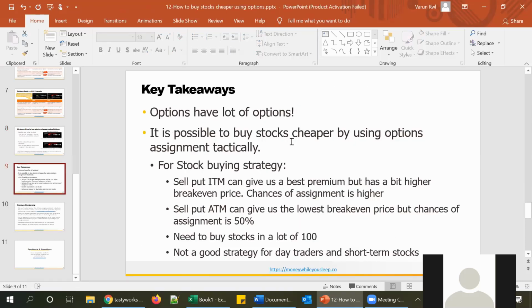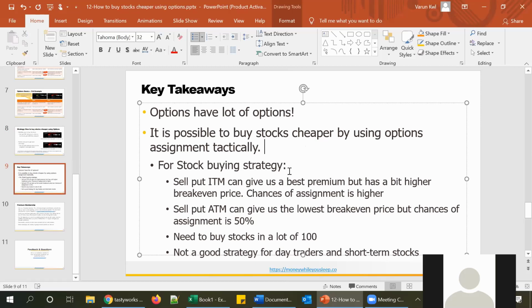So it is possible to buy stocks cheaper by using options assignment tactically. So we are putting a tactic around it. We understand that this is how this process works, and then we are using that particular tactic to buy stocks in this particular situation. But for people who are starting initially with smaller capital, it doesn't suit, right?